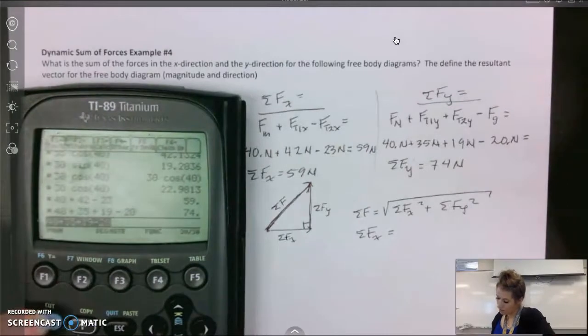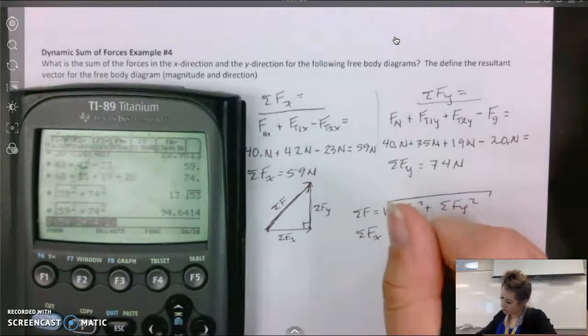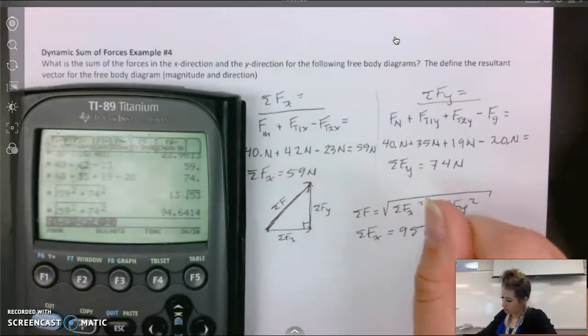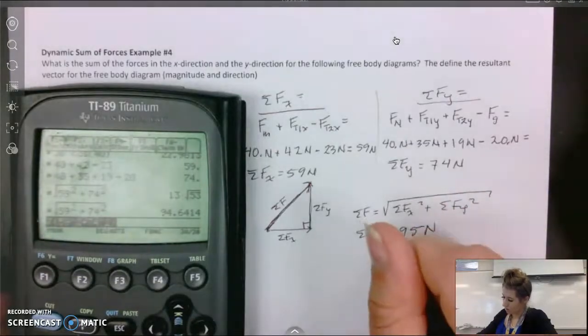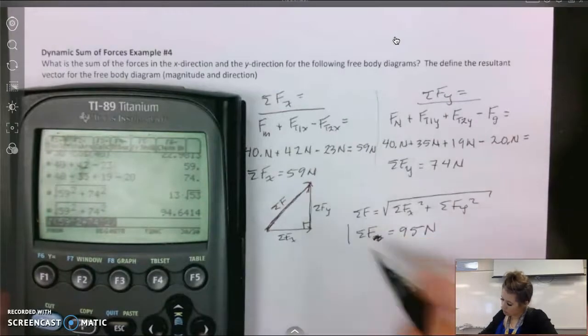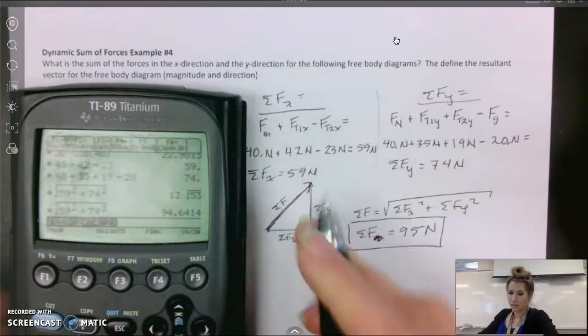So I have the square root of the sum of the forces in the x, which is 59, squared, plus the sum of the forces in the y, which is 74 squared. And that gives us 95 newtons. I shouldn't put X there. That's just the sum of the forces in general, not the X component. Okay, nice. We know the magnitude.